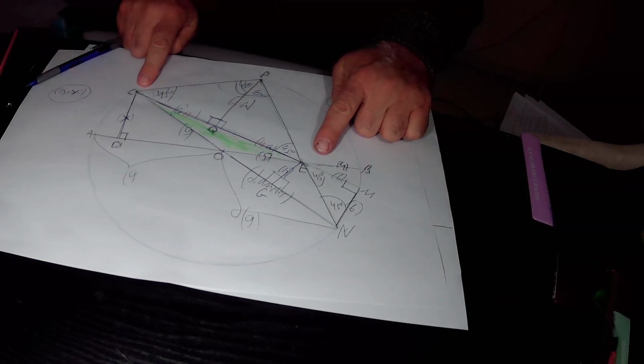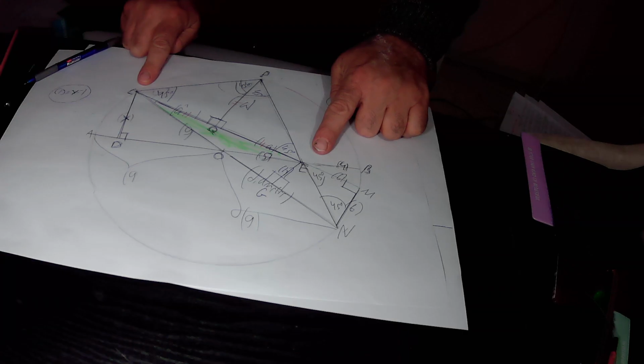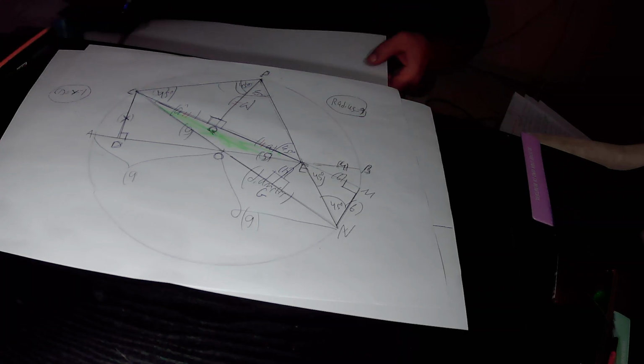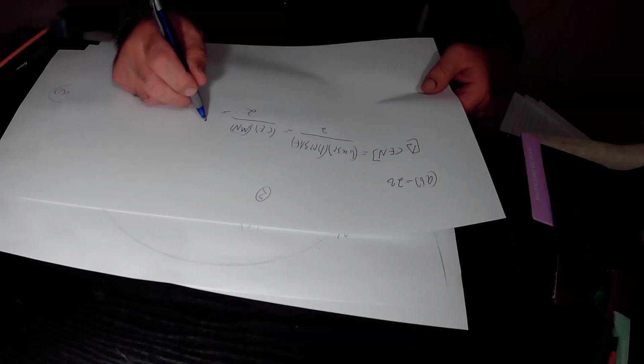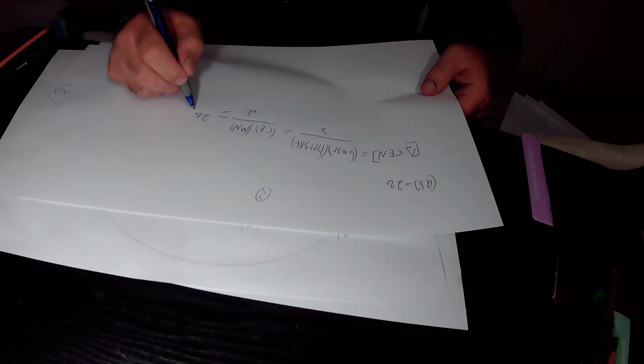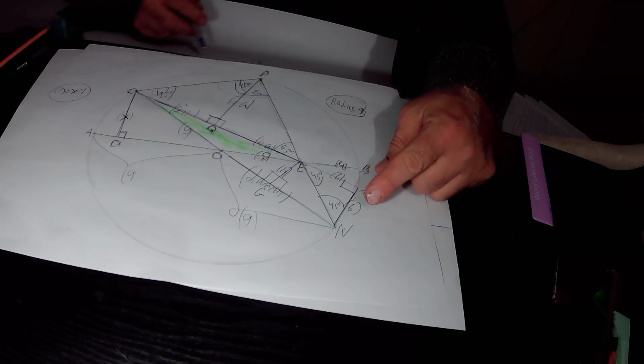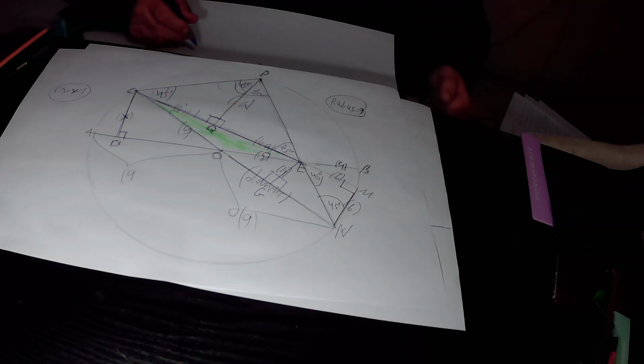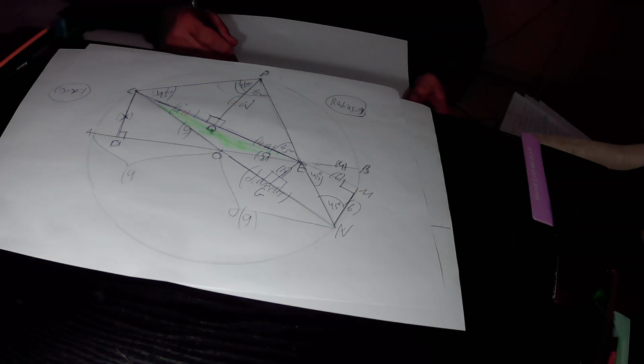CE equals CQ, that is A, plus QE, that is also A. So CE in total equals A plus A, that is 2A, times MN. MN equals B, according to our definition, over 2.